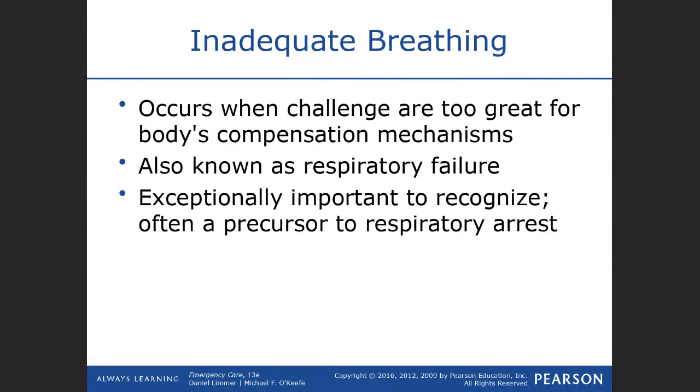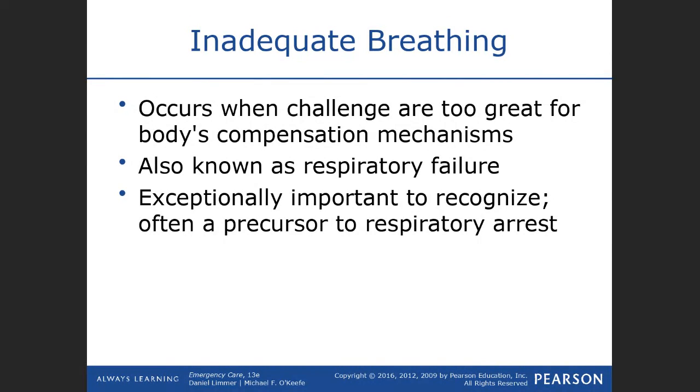Now, once you have a patient with a decreased level of consciousness and poor chest rise, so decreased level of consciousness, poor chest rise, right?